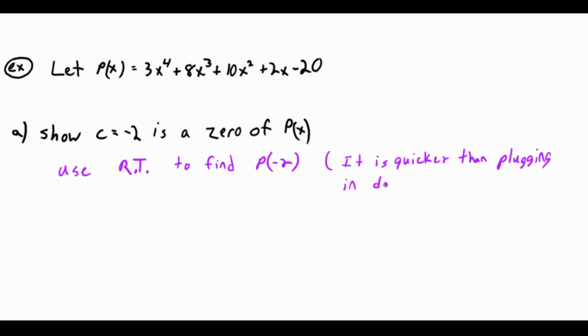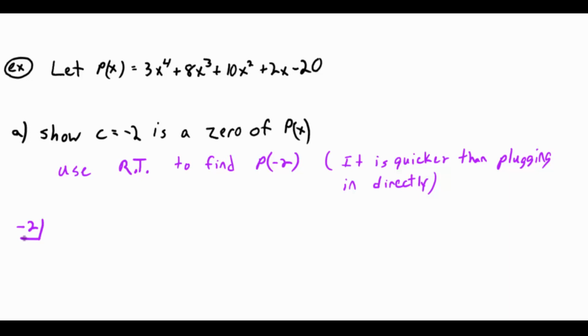So that would be if you're dividing by x plus 2. Well, c is the thing that goes up in the corner, so it doesn't matter because we're doing synthetic division here. c equals negative 2. Show c equals negative 2 is a zero of the polynomial. We're going to use the remainder theorem to find p of negative 2.